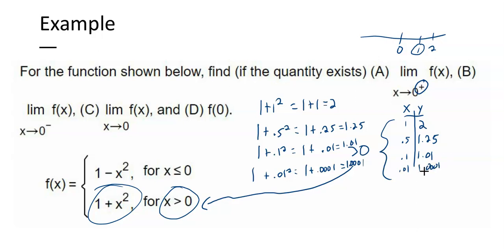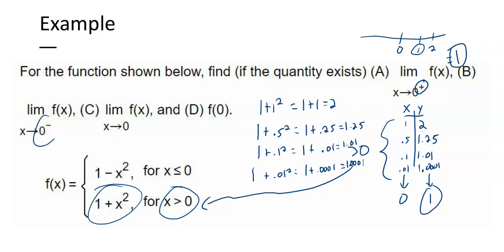And so what value are the y coordinates approaching, right? The x coordinates are approaching 0. We made sure of that by the choices we made. The y coordinates appear to be getting closer and closer to 1, right? And so this right-hand limit is equal to 1, positive 1.